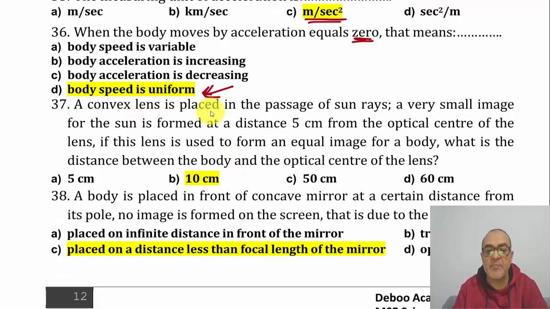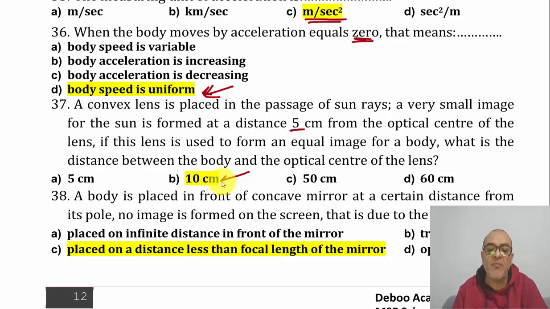A convex lens is placed in the path of sun rays. A very small image of the sun is formed at a distance of 5 centimeters from the optical center of the lens. So the focal length is 5 centimeters. If this lens is used to form an equal image of a body, what is the distance?